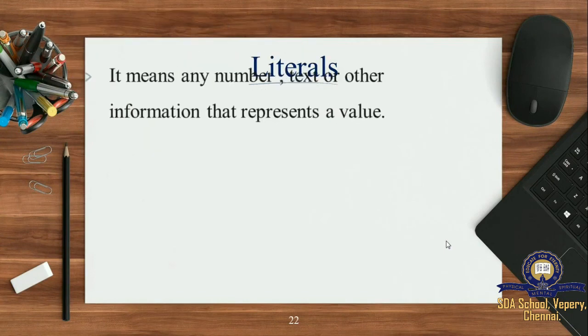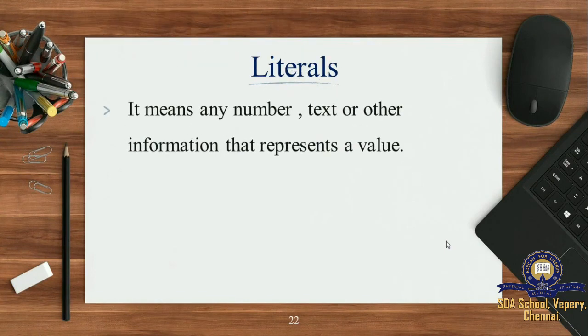Now we are going to see literals. This is our second component of a Java program. Why do we call it literals? Any number, text or other information which represents a value, we call literals.